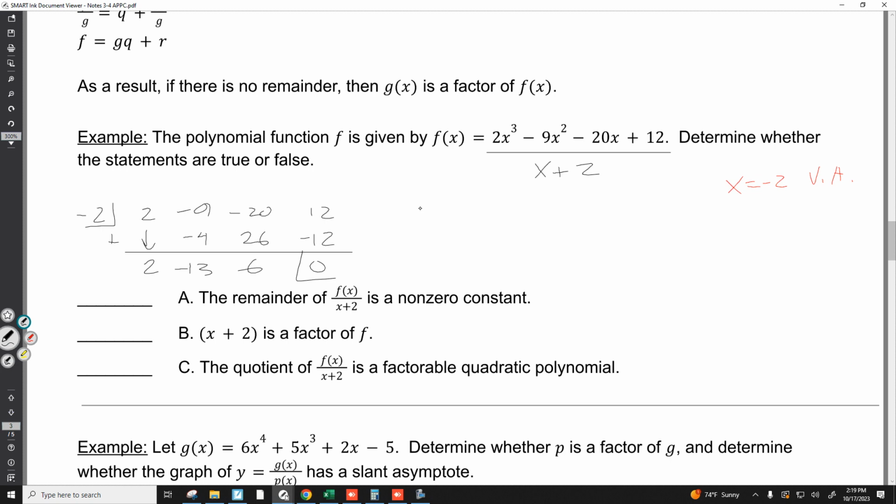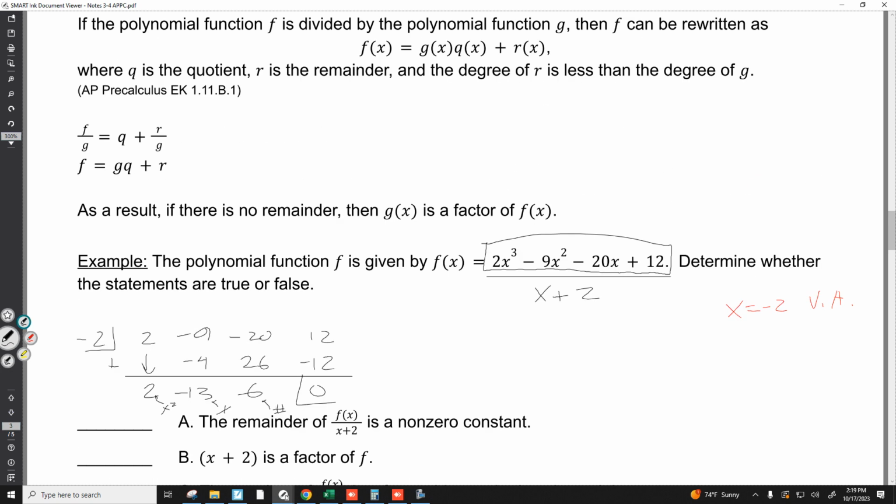It tells me that this numerator can be written as the product of x plus 2 and 2x squared minus 13x plus 6. Let's try to show that all the different ways, and that's what's going on up here. 2x cubed minus 9x squared minus 20x plus 12 over x plus 2 equals 2x squared minus 13x plus 6. We just got that result.